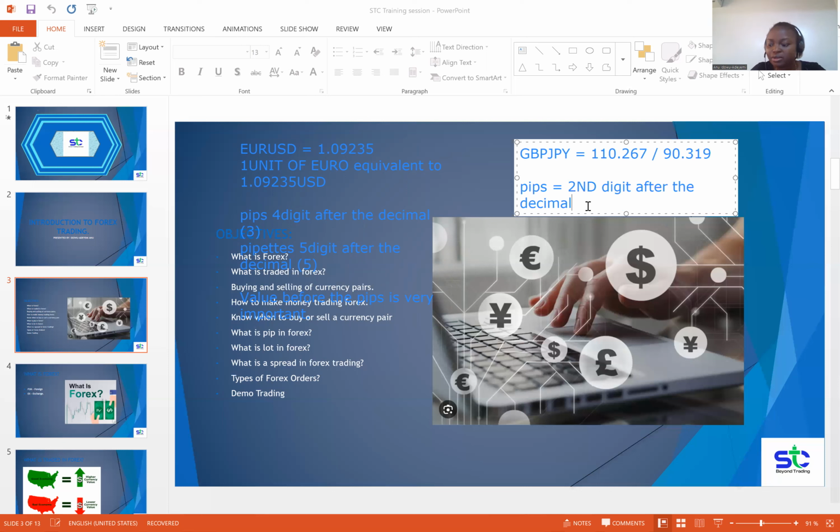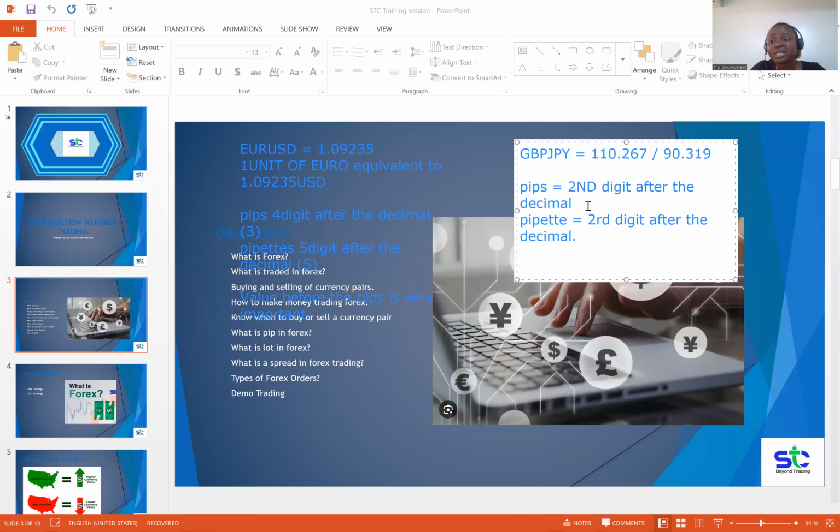While the pipette is the third digit after the decimal. Also note, as I said earlier, the pipette can be ignored.